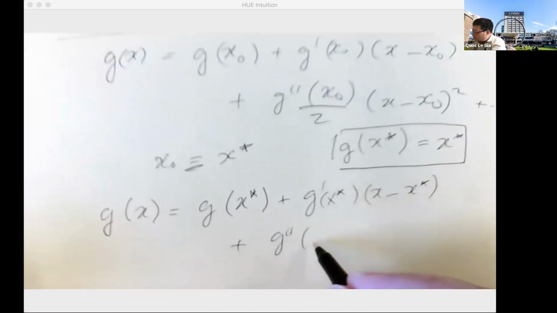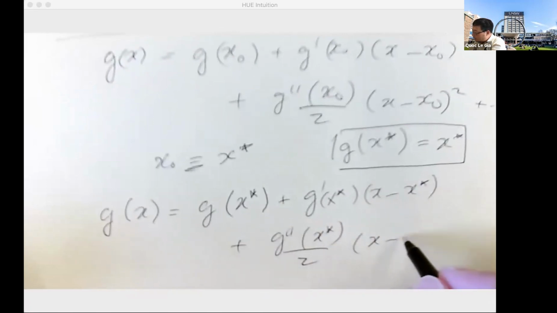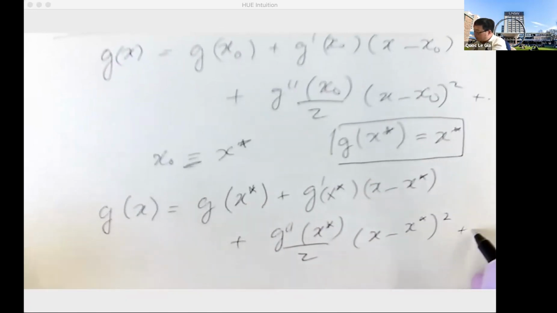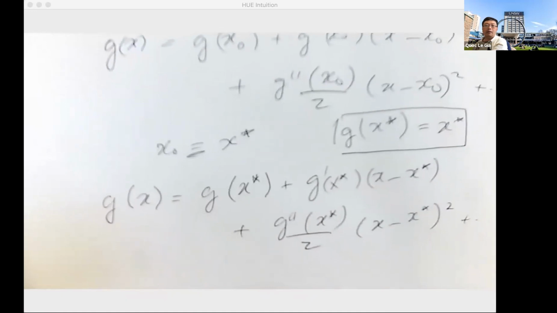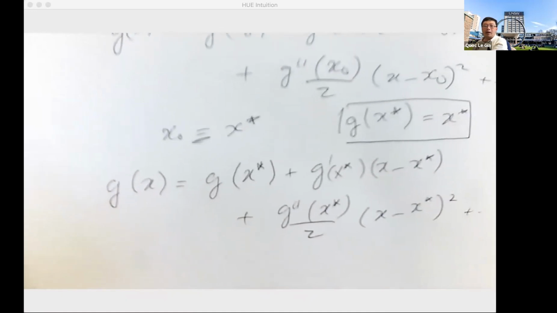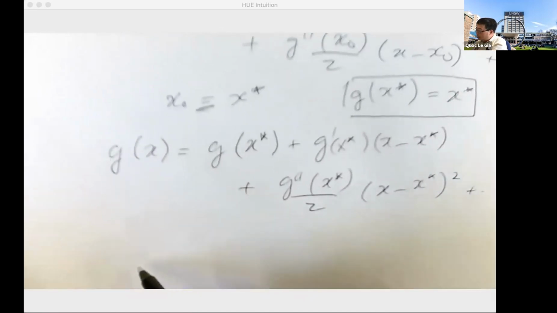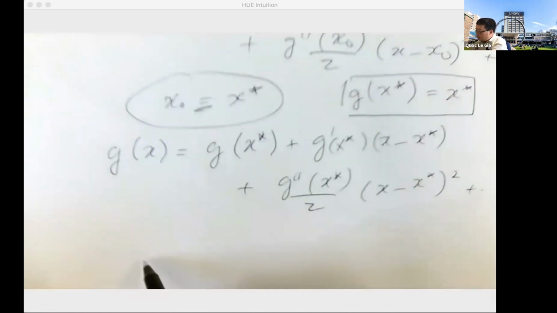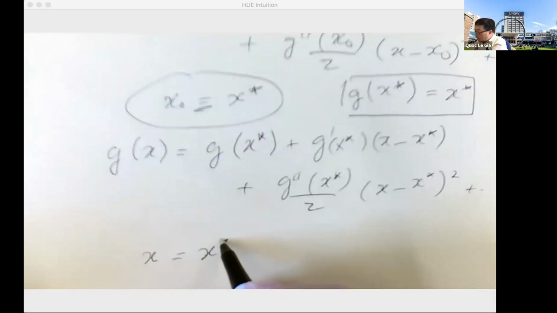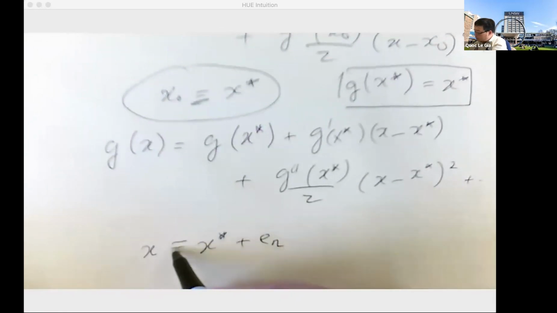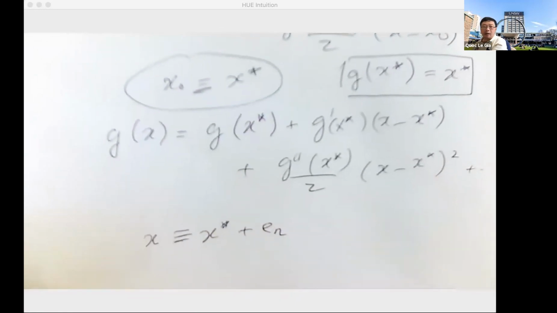Plus g double prime(x star) over 2 times (x minus x star) squared, plus dot dot dot, so I don't have to worry. And now I do one more step. So this is x0, and now I will put my x to be x star plus en.